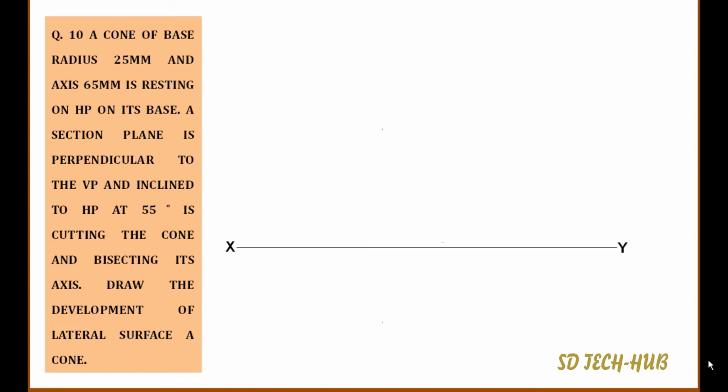It has a circular base of radius 25 mm. So take a radius equal to 25 mm and draw a circle. Now divide this circle into 8 equal parts. Now name each and every part of the circle.